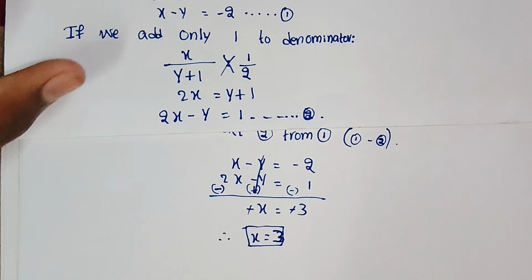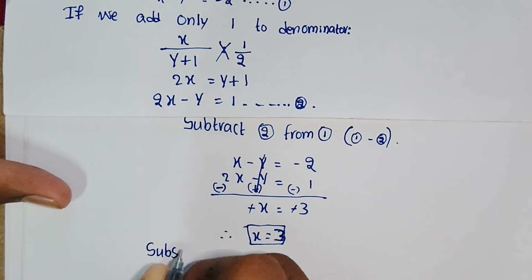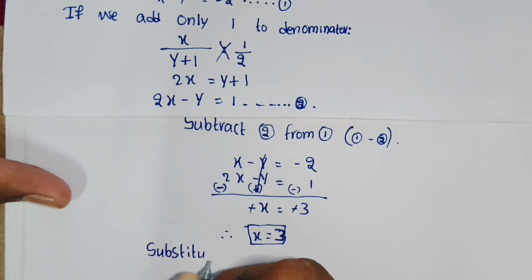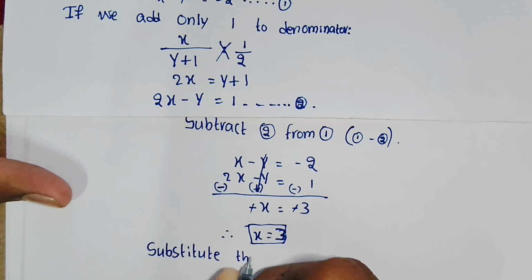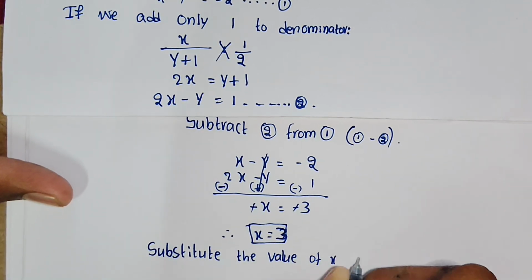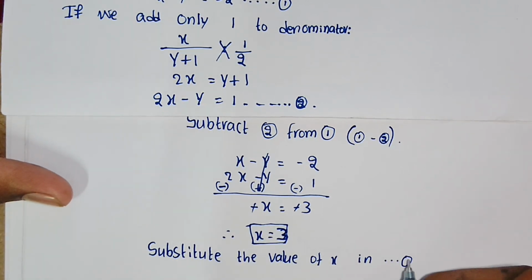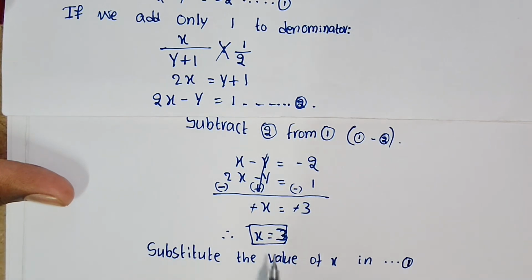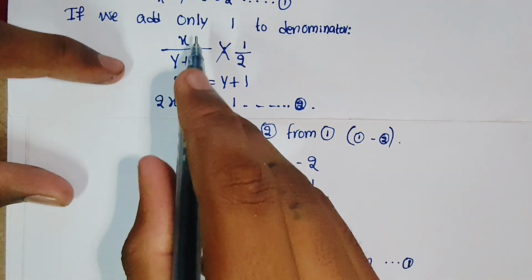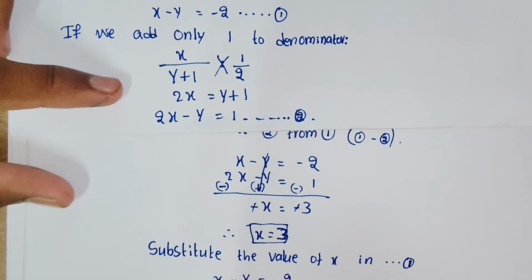So now substitute the value of x in equation 1. I am going to substitute the value of x that we got, 3, in equation 1. What is equation 1? x minus y equals to minus 2.